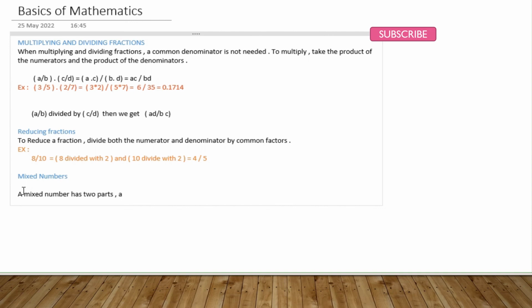One is a whole number part, and a fraction part.